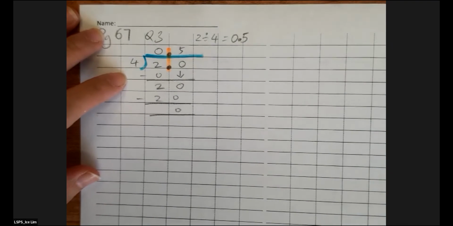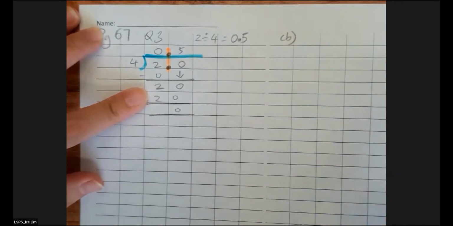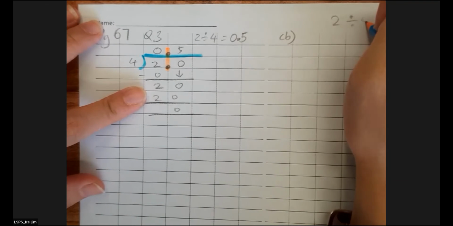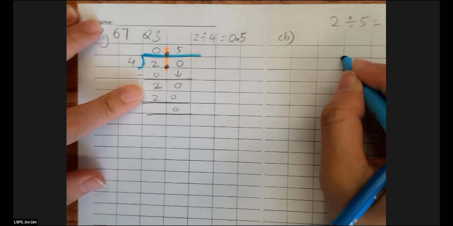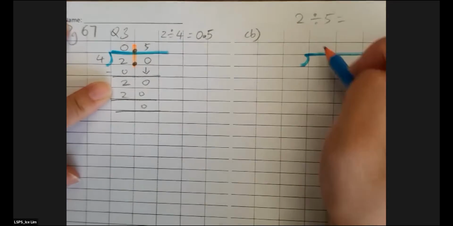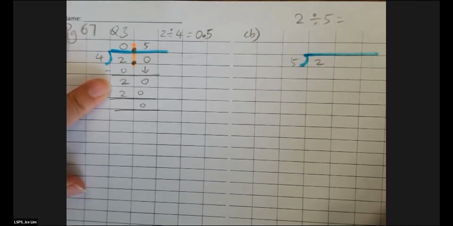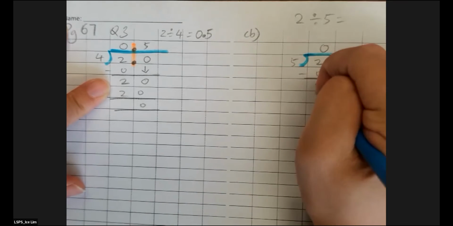Is this okay? So if I look at D, now $2 shared amongst 5 people. Okay. So instead of 4 people share $2, now 5 people share $2. Again, definitely the one's place cannot do anything. Yes.